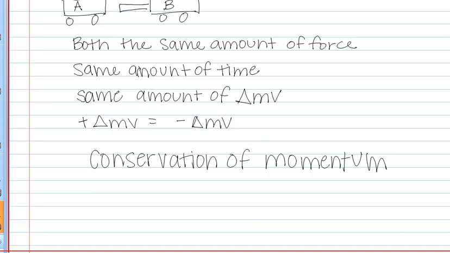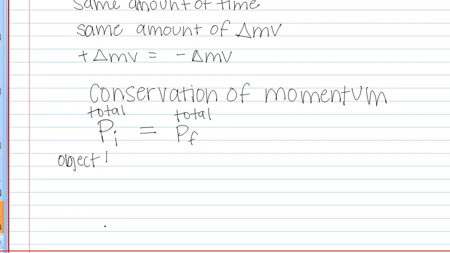Conservation of momentum simply means that the momentum before something happens, the initial momentum, has to equal the total final momentum of an entire situation. So in this case, where we had two objects, we would look at object one's momentum to start.